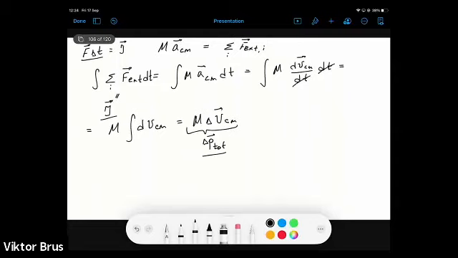And if the sum of all external forces is equal to 0, then we have either an isolated or quasi-isolated system.